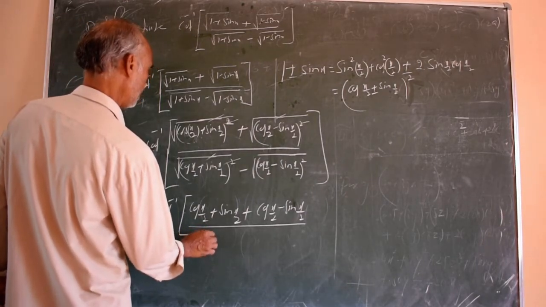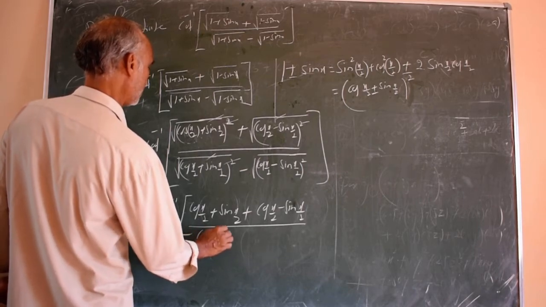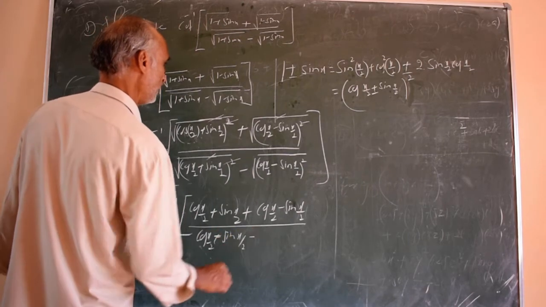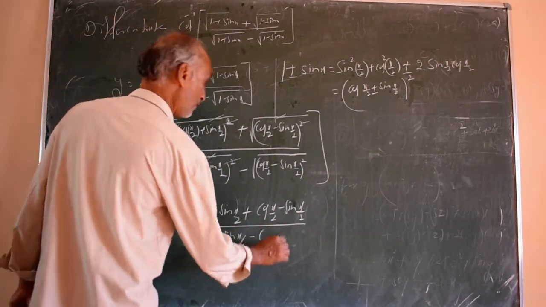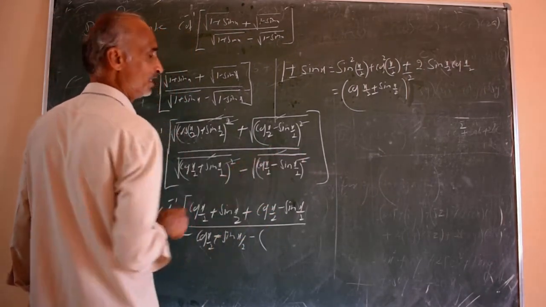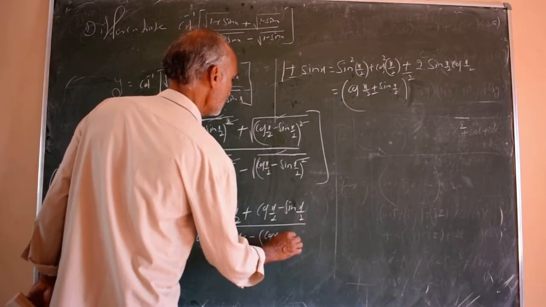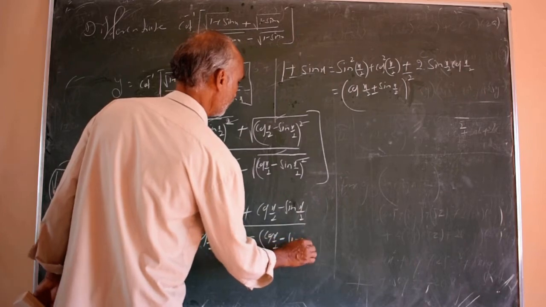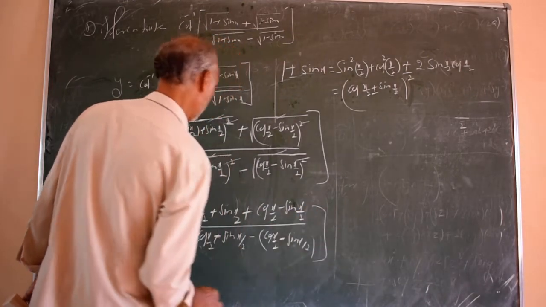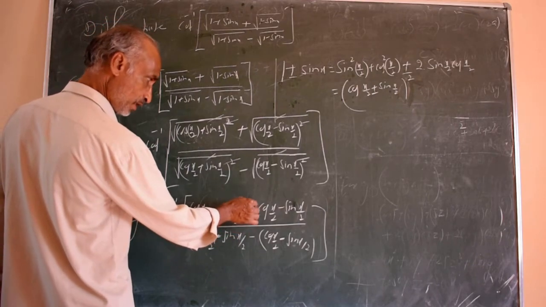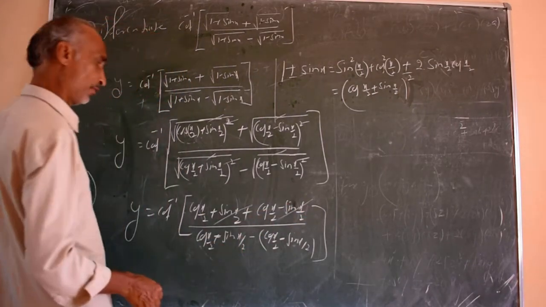Upon cos x by 2 plus sin x by 2 minus, square root and square cancel, cos x by 2 minus sin x by 2. That's all. Now which one cancels here? In the numerator, sin x by 2 minus sin x by 2 cancels.